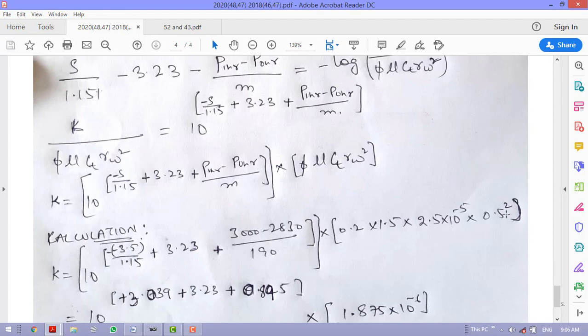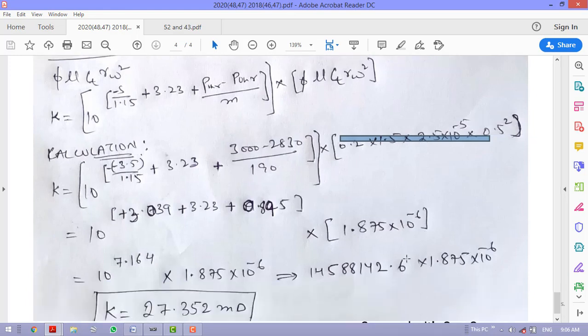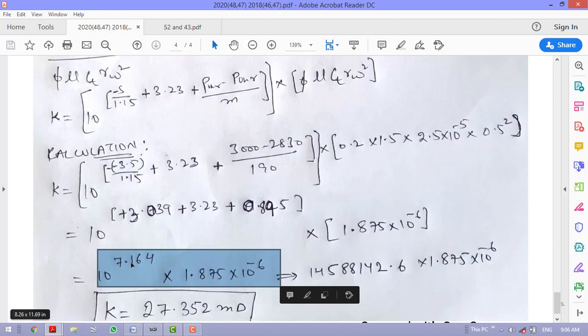After simplifying this, 10 power of 3.039 plus 3.23 becomes 0.895, and the whole term becomes 1.875 × 10^-6. When I simplify further, it becomes 10 power 7.164 times 1.875 × 10^-6.